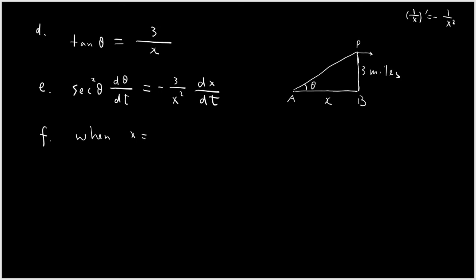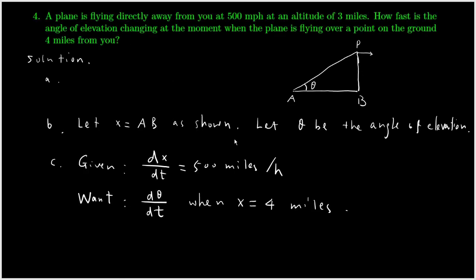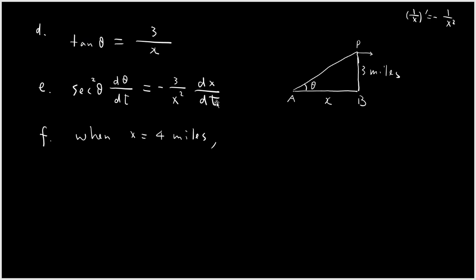When x equals 4 miles, for the right-hand side, you just plug the x value of 4 into the right-hand side. The rate of change of x, let's recall, is the speed the plane is flying, 500 miles per hour. So this number is going to be 500. Okay, and the x value is 4 miles.